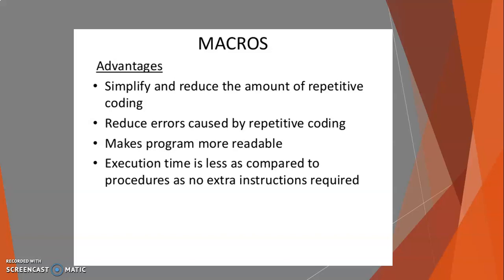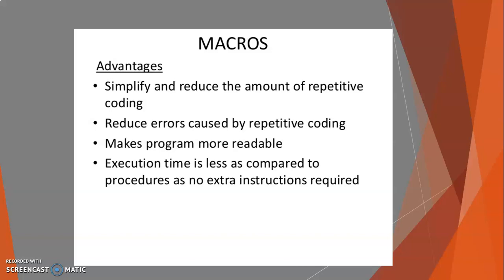The next thing is that a macro is a sequence of instructions that is assigned a name, and it can be placed anywhere in the program. In NASM, among the different assemblers, TASM, MASM, NASM, macros are defined with MACRO and ENDM.